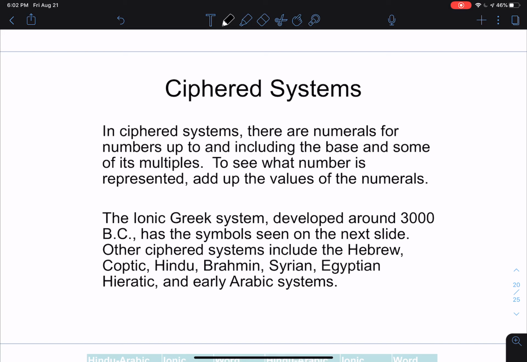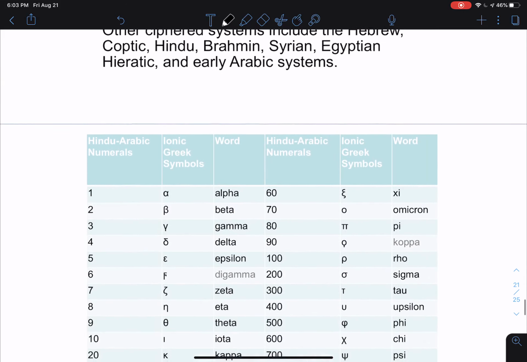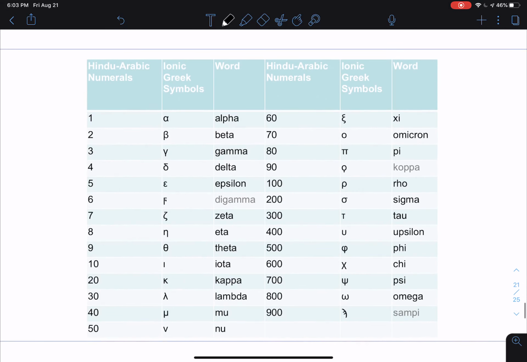The Ionic Greek system developed around 3000 BC, so comparable in time period to your hieroglyphics, has these symbols seen on the next slide. They weren't the only ciphered system. There was Hebrew, Coptic, Hindu, Brahmin, Syrian, Egyptian, Hieratic, and early Arabic systems that were also ciphered. But this one's a big old chart.